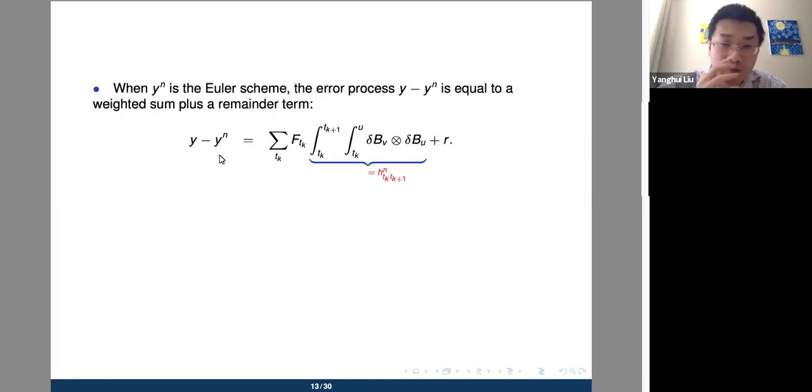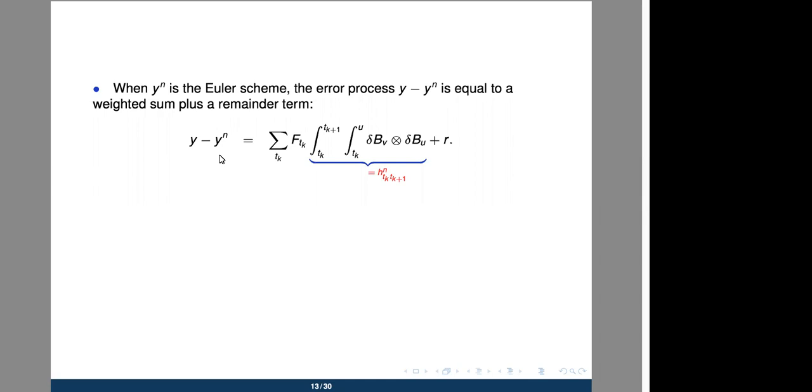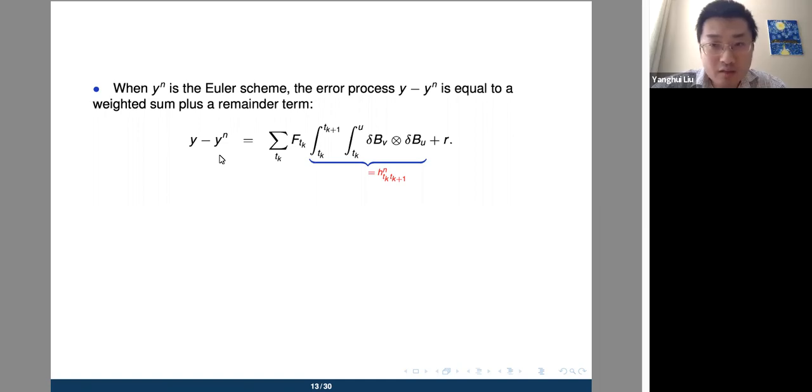I'd like to say a few more words about the proof. The main idea, a key step for the proof, is to observe that the error process y minus yn can be decomposed into two parts. The first part is a weighted sum, and the second part is R. R is the remainder term.